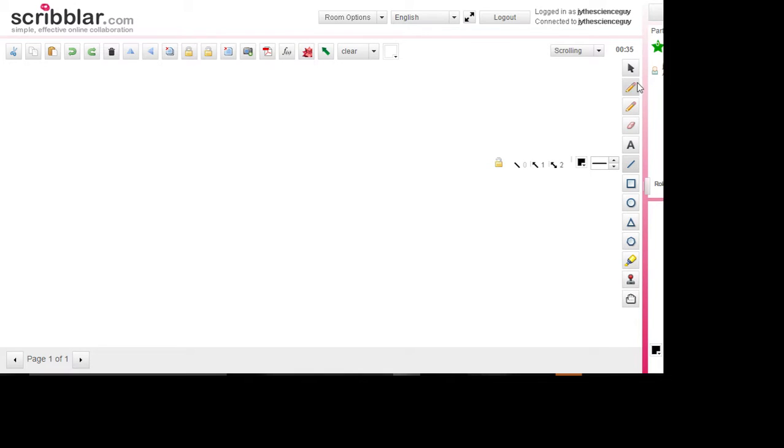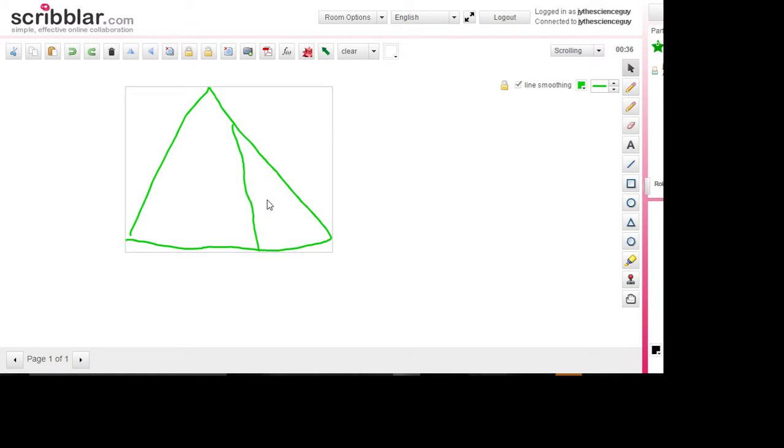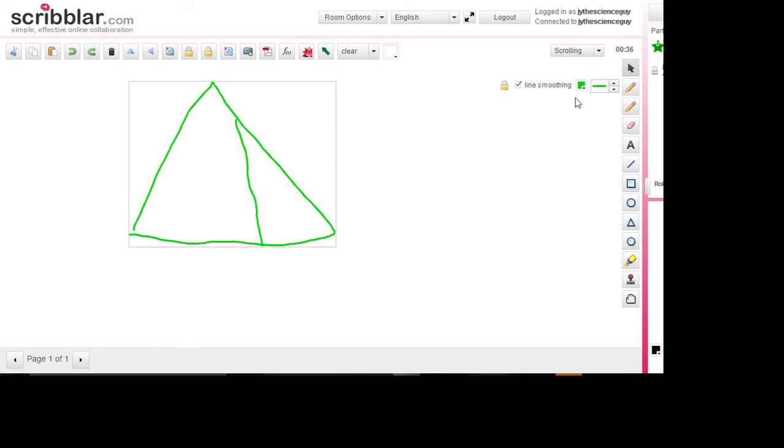I'm going to just freehand it. If this is a perpendicular bisector, and I know it's not drawn all that great, that means this is perpendicular there, that's perpendicular there, and these two pieces are equal to one another. That's the midpoint, right?